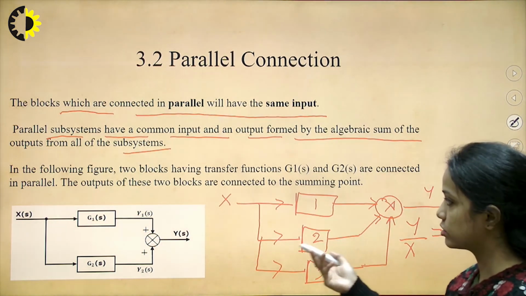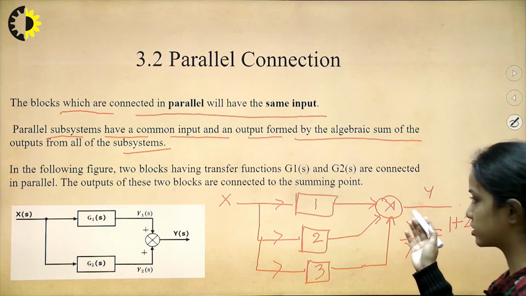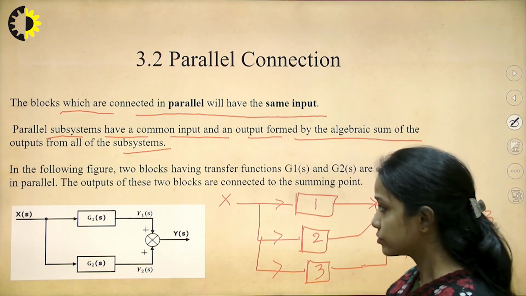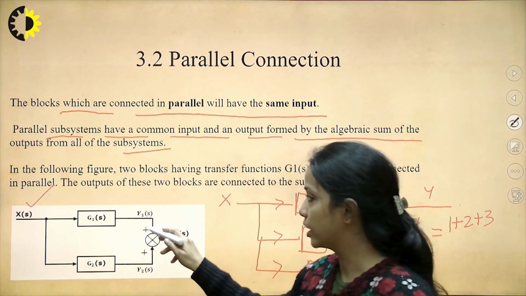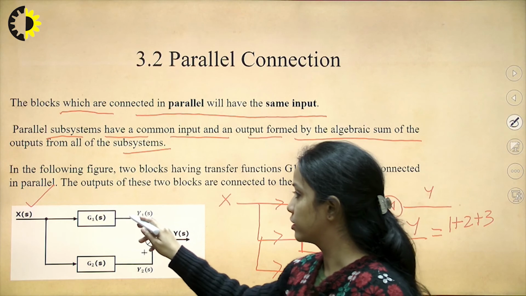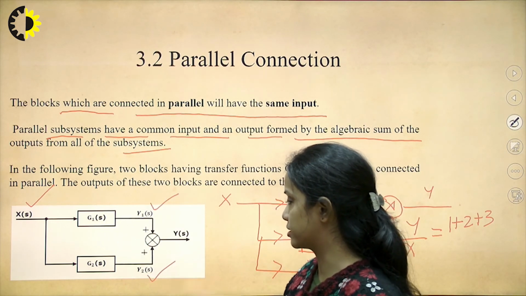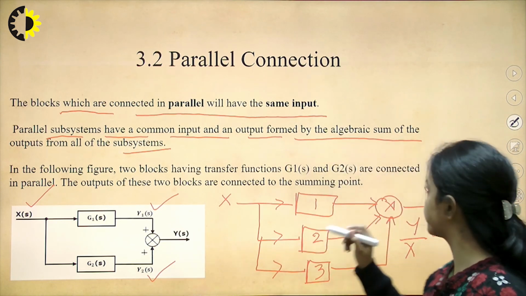Here also we are representing just two of them, the same case, but we have not included the third branch. Here it is X(s), and the output of the first branch is Y1(s), the second branch is Y2(s), and the overall output combines the two of them.